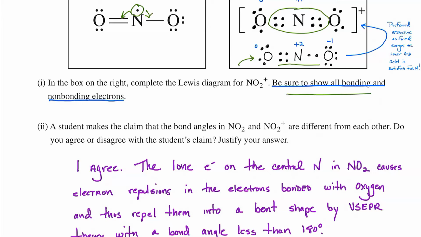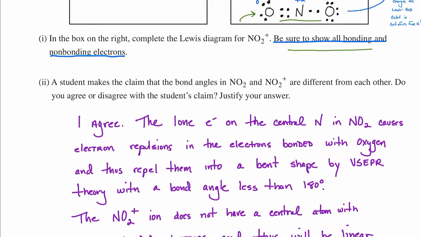So the bond angle is going to be a little bit less than 180 for sure, a little bit bent. If there are no electrons on the central atom of nitrogen, as we have it drawn here, there are no electrons to repel these electrons down this way. So this is going to stay linear, about 180.